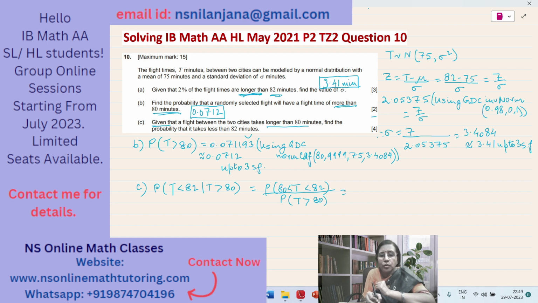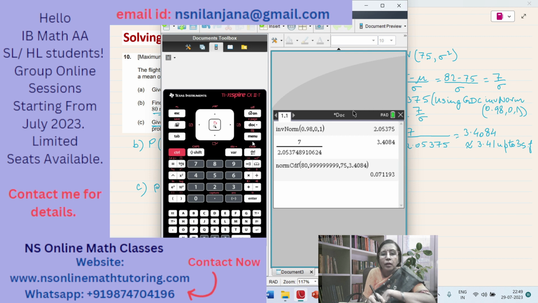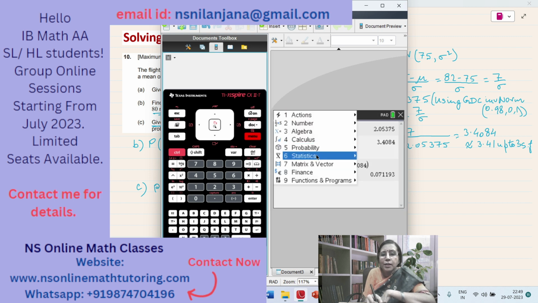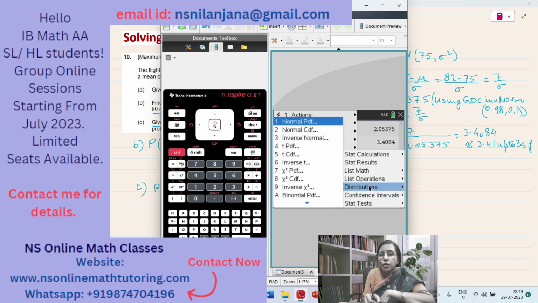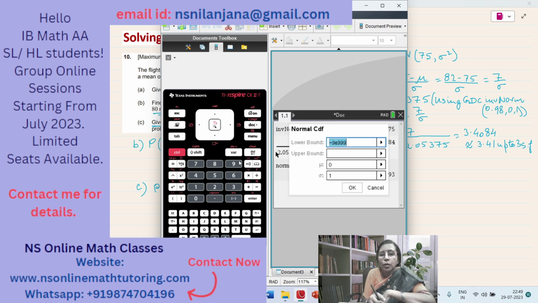So, again, menu, statistics, distribution, normal CDF. This time the lower bound is 80, the upper bound is 82.